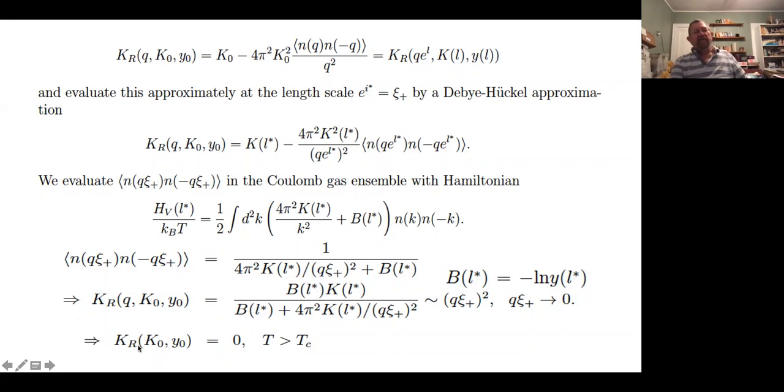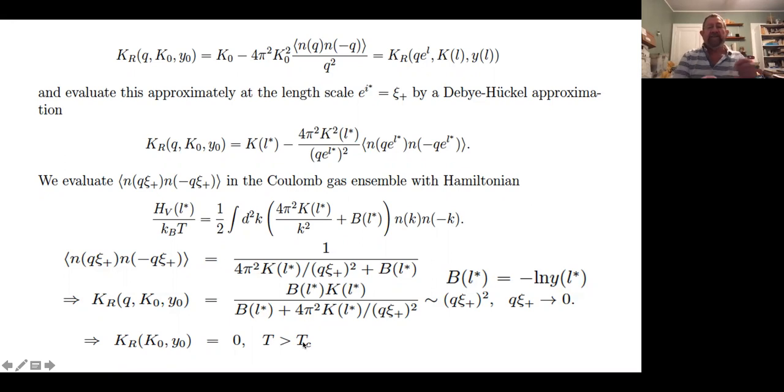So if we're above TC, we can simply put Q psi plus to 0, and then this right-hand side goes to 0. In this expression here, we've got this term going to infinity, we've got 1 over 0, right? Therefore, this renormalized coupling constant or correlation function is equal to 0 if T is greater than Tc.